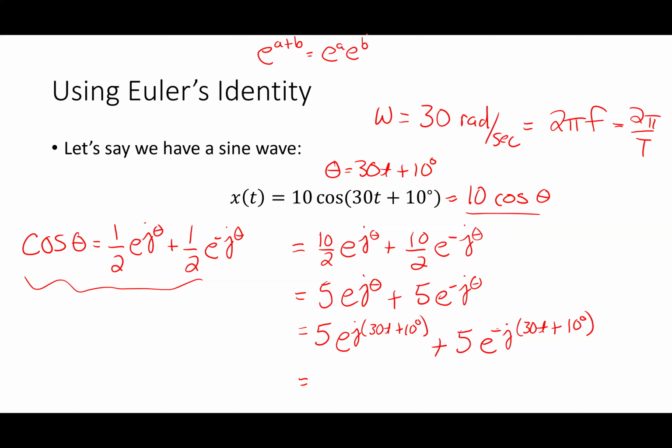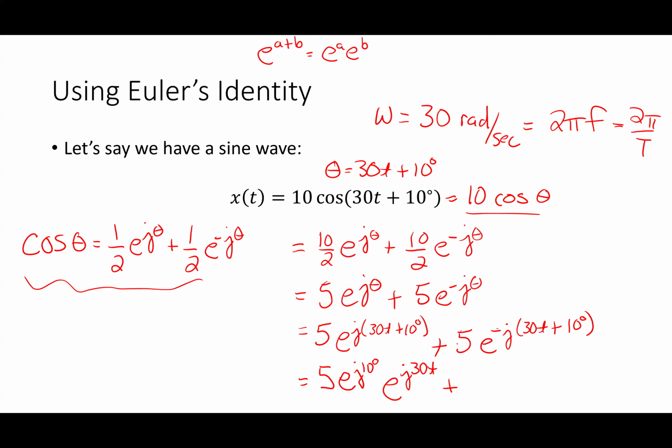And there's a reason why I'm doing this. So this becomes 5 e to the j 10 degrees times e to the j 30t. What did I do there? What was A and what was B? J10 degrees was my A. J30t was my B.